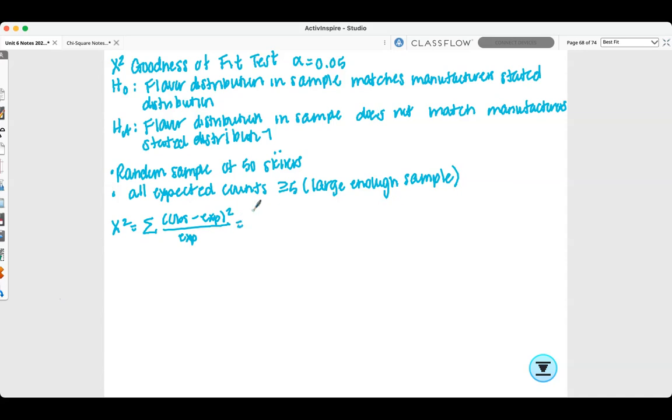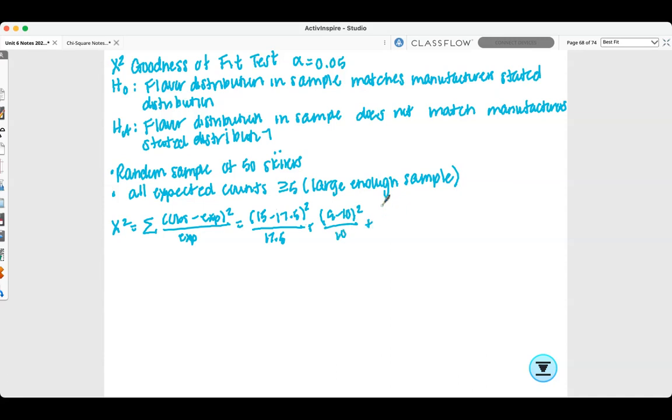So if I just went right through, my observed was 15 minus my expected for the first one for cherry, 17.5, squared, all over 17.5. Plus, now you would do Cool Mint: 9 minus 10 squared all over 10.